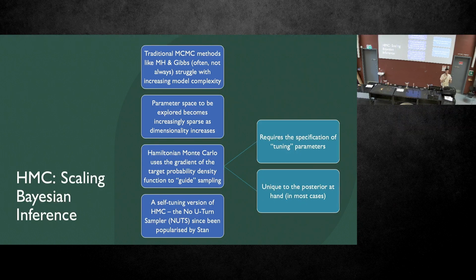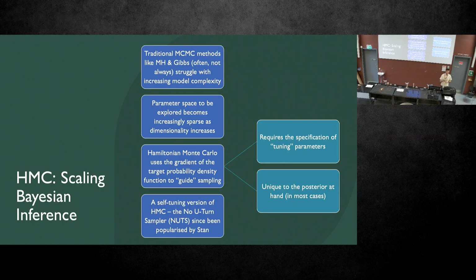It's hard for it to jump between all these different dimensions. So the extension that was proposed with Hamiltonian Monte Carlo uses the gradient of our target probability density function. Rather than something like Metropolis Hastings or Gibbs, which works with conditional values, we're working with our probability density function and its gradients, using that to inform our sampler where the regions of high probability mass are.